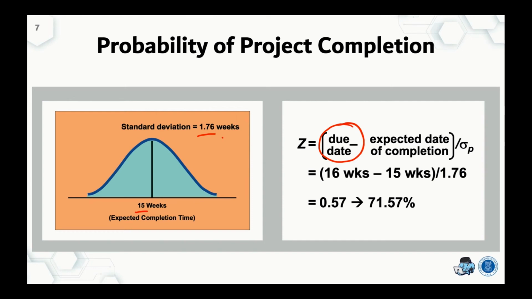It results in 0.57, and the probability comes from the standard normal table. We can see that it is 71.57%. So week 16 is around here.